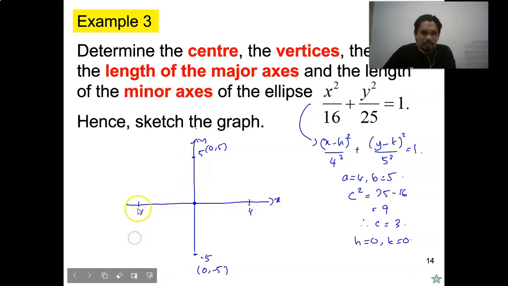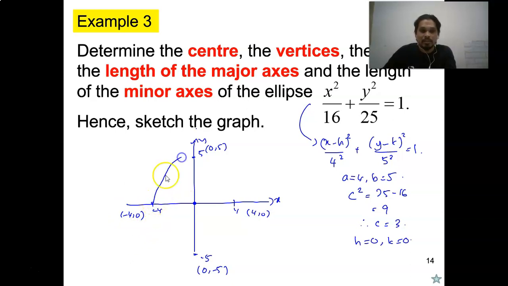We make some adjustment here, somewhere around here, negative 4 and 4. So this is the vertex at 4, 0, and here is negative 4, 0. Okay, sketch the graph of this.